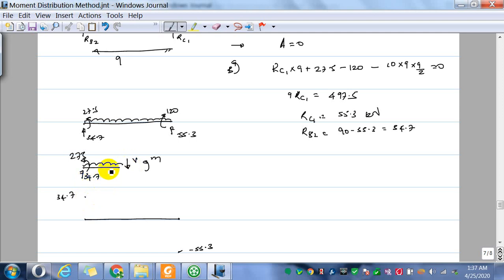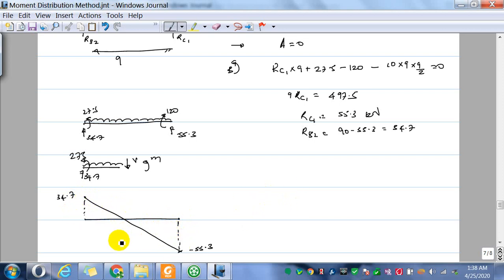Now if you get this V, 34.7 minus 10x minus V is equal to 0. So V is equal to 34.7 minus 10x. So that is the line. This is the shear force diagram for the segment BC.